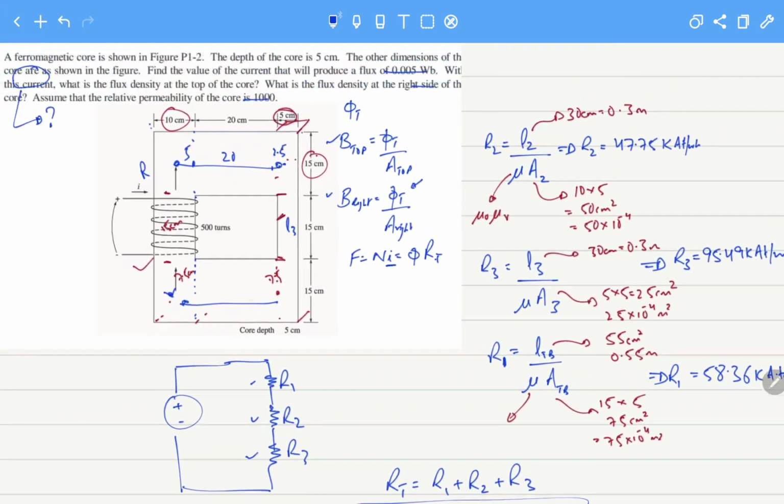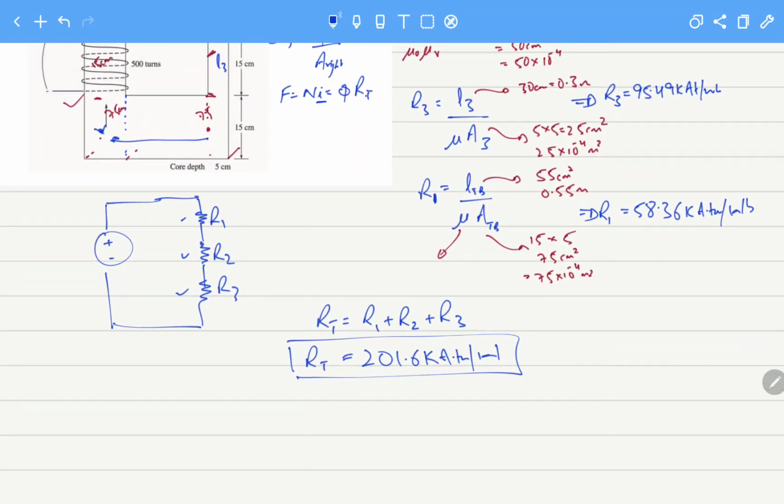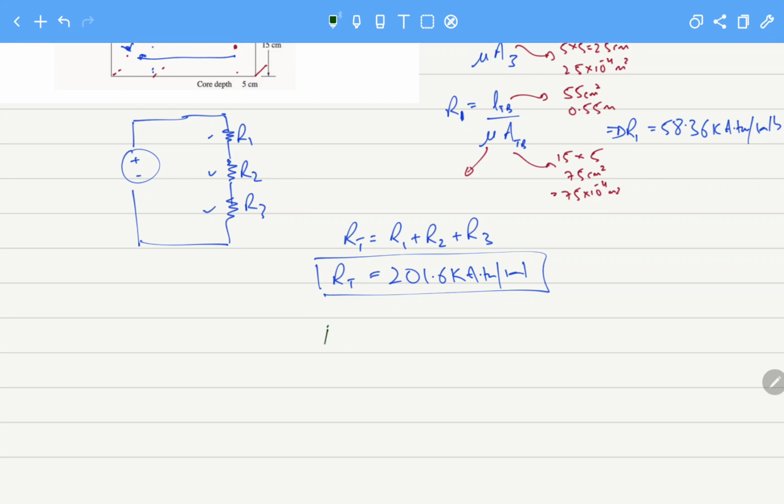And as I told you, the first part was we have to calculate the current. So let's see how we can calculate the current. We know that F equals flux times RT. This we have calculated, this they have given, and F equals Ni.